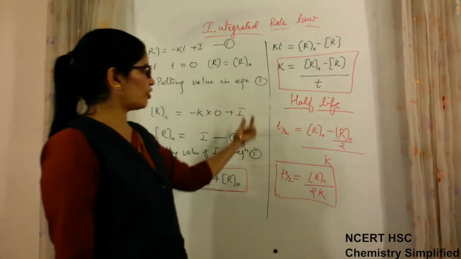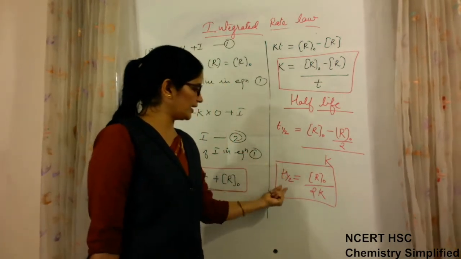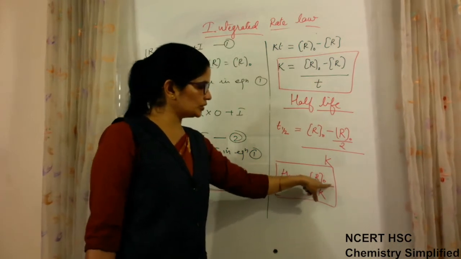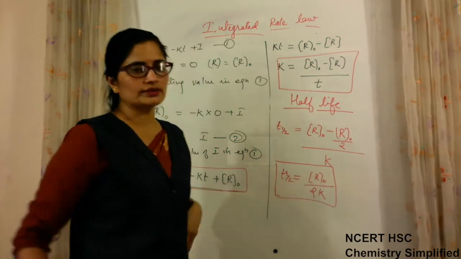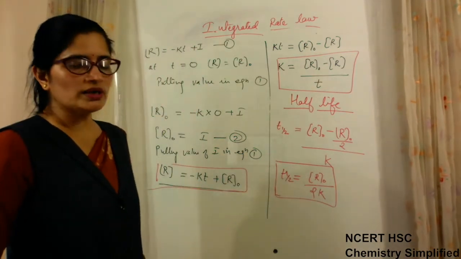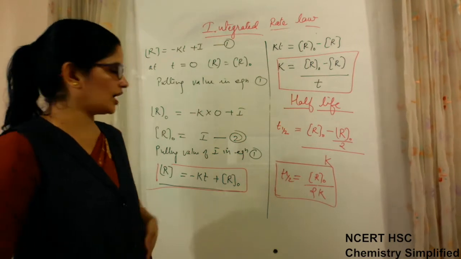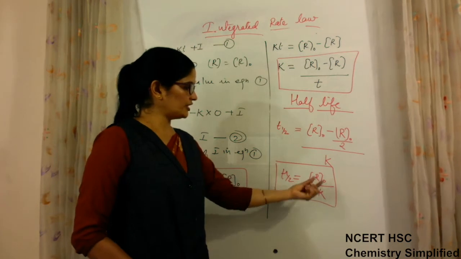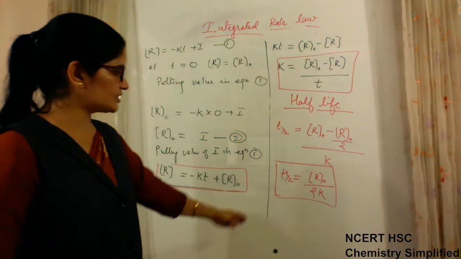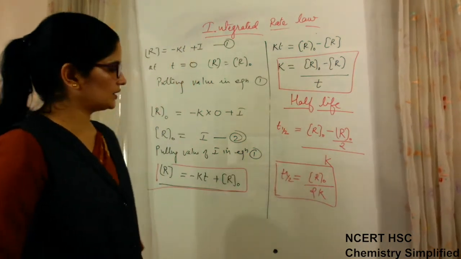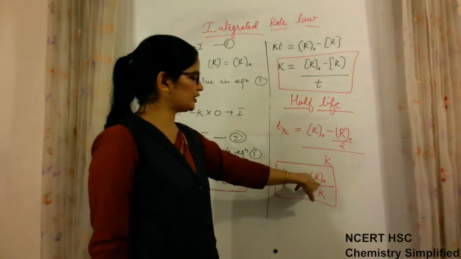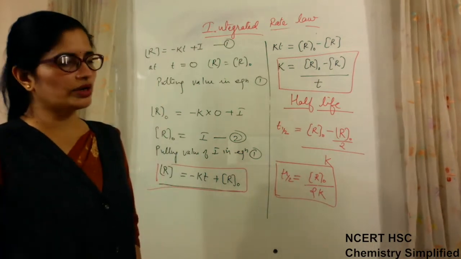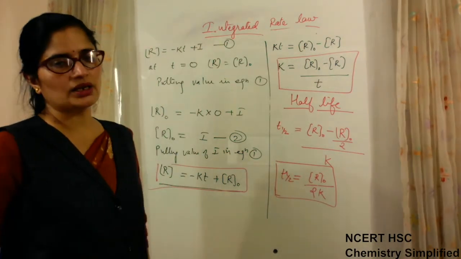That means for a zero order reaction, the half-life of the reaction is directly proportional to the initial concentration R0 of the reaction. That means the half-life depends on how much initial concentration is taken, and it is inversely proportional to the value of K. More initial concentration, half-life will be more for it.